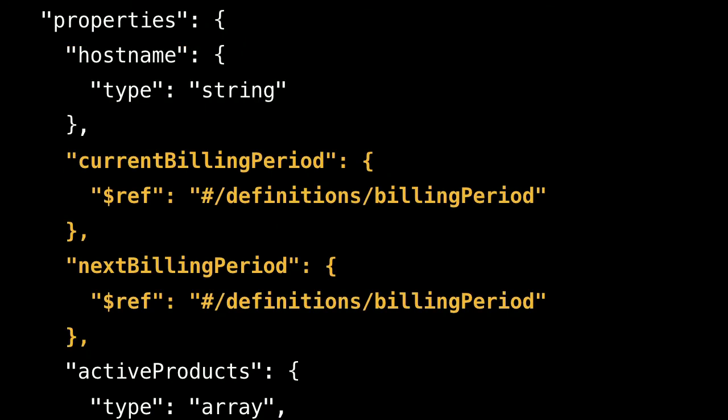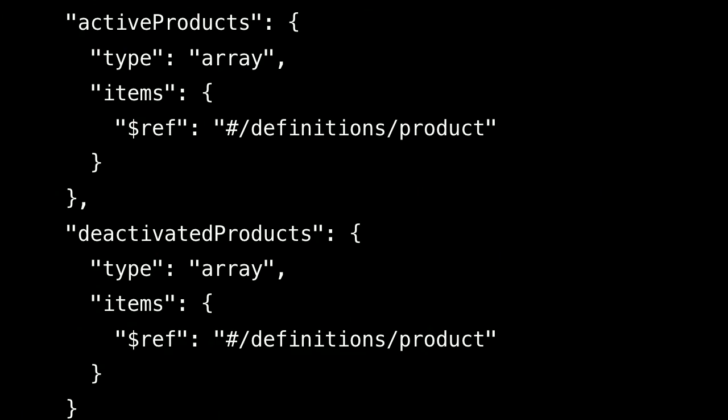Current and next billing period, they must be billing period definitions. These are custom definitions that you define in the file, and I will get to them a bit later. Active and deactivated products, they must be arrays, and these arrays must contain product definition items.